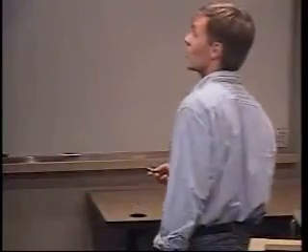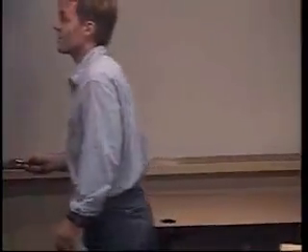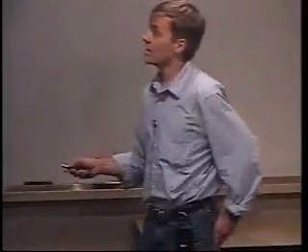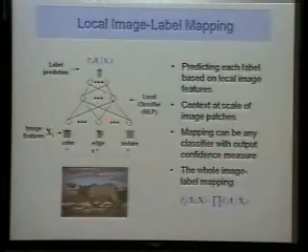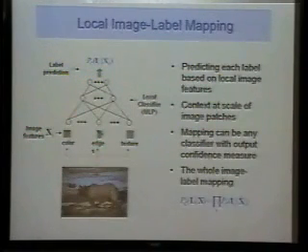Okay, so the local image label mapping is going to be a very straightforward approach. We're going to take color, edges, and texture filters, run them on this patch, and give that as an input to a neural net. The neural net is going to have the number of outputs equal to the number of possible labels for a patch. Let's say there's 10 labels. So what you get out here is a distribution.